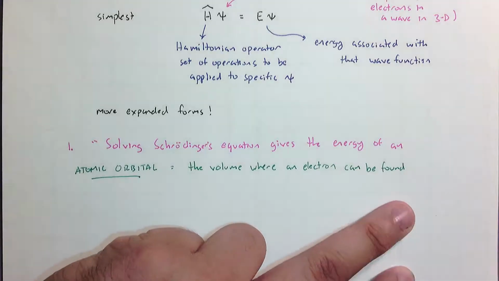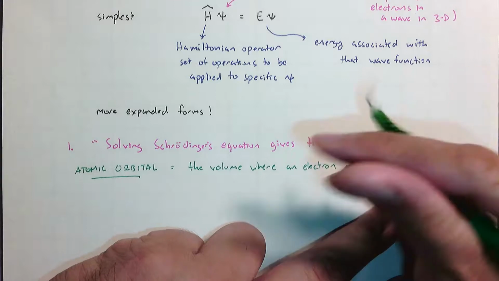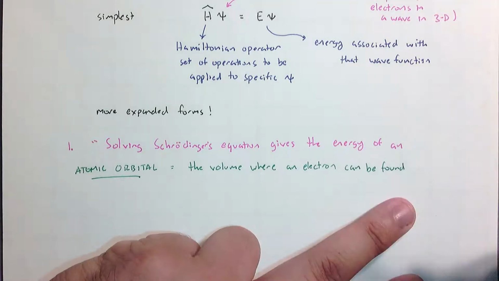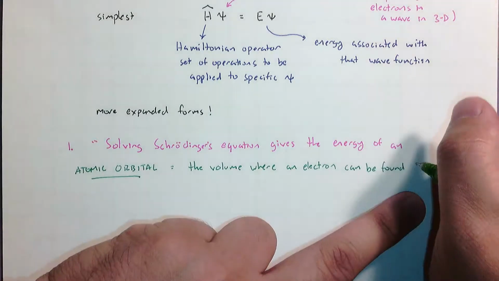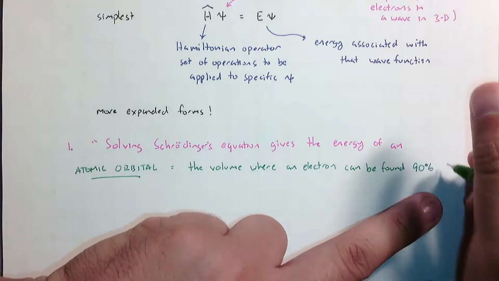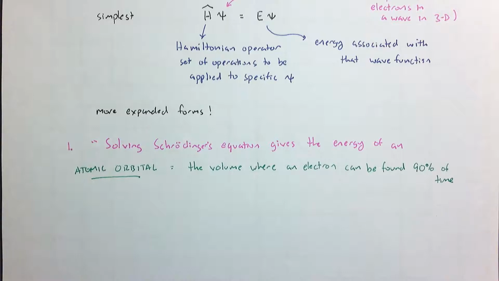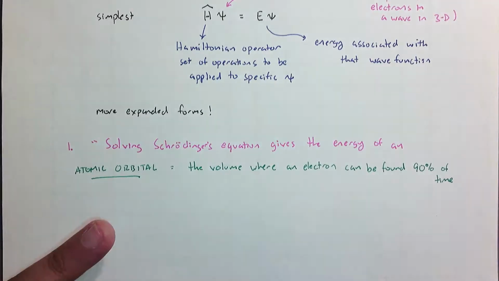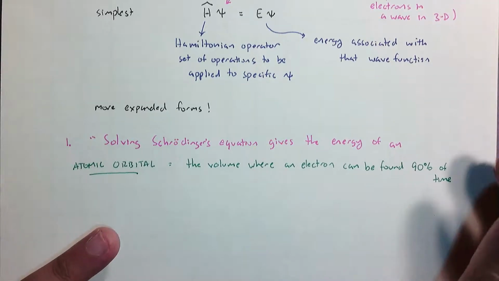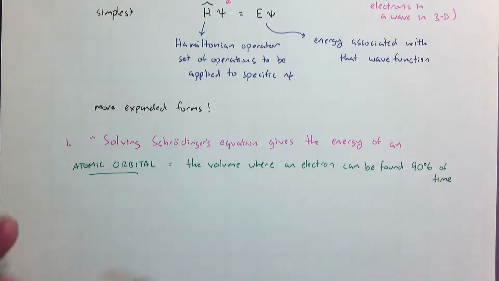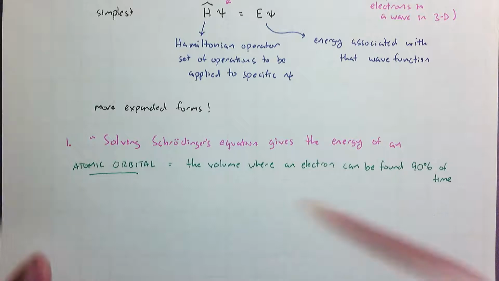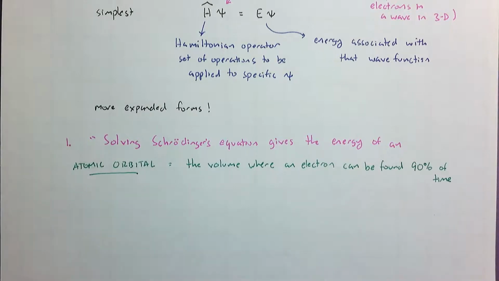In the most recent textbook that I saw, the shape of this orbital is the volume where an electron can be found 90% of the time. We can't know where an electron is 100% of the time, but we can have probabilities where, if we have a volume, we could say 90% of the time that electron is going to be within that atomic orbital.